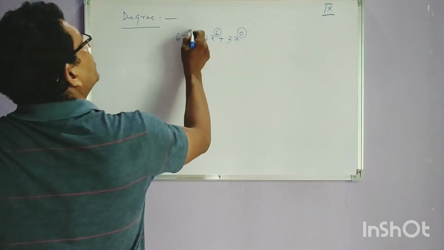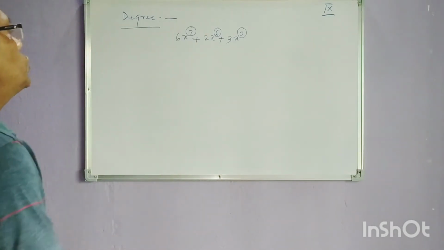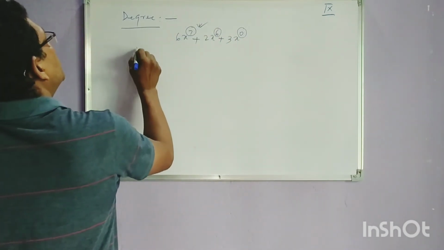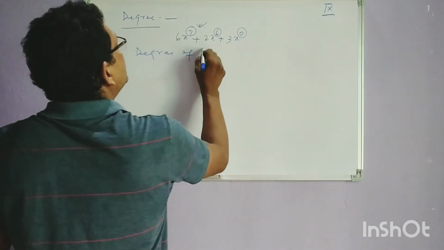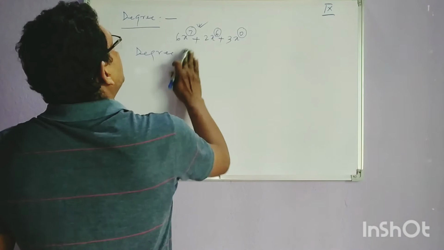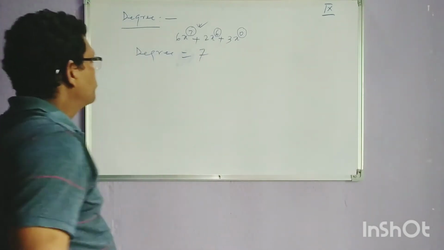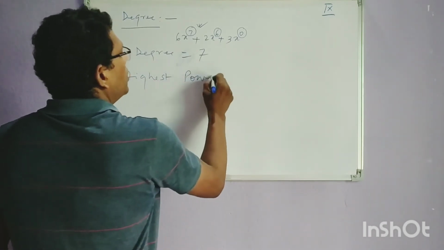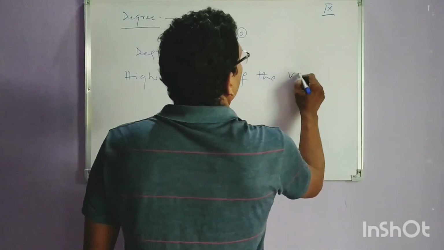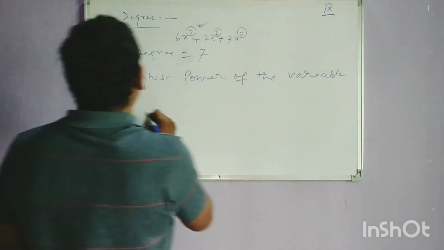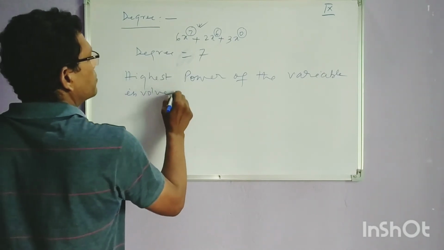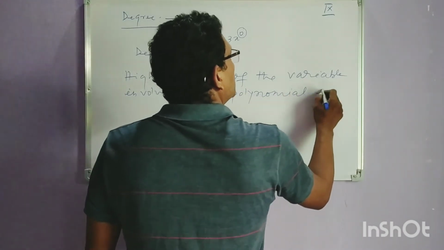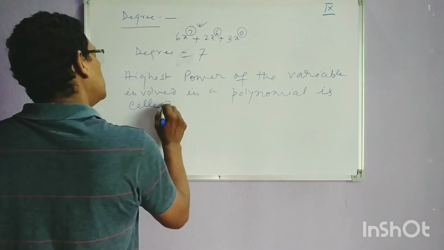But in the first term, we have power 7. So which one is the most? Highest power is 7. So degree of this polynomial is 7. So the highest power of the variable involved in a polynomial is called degree.